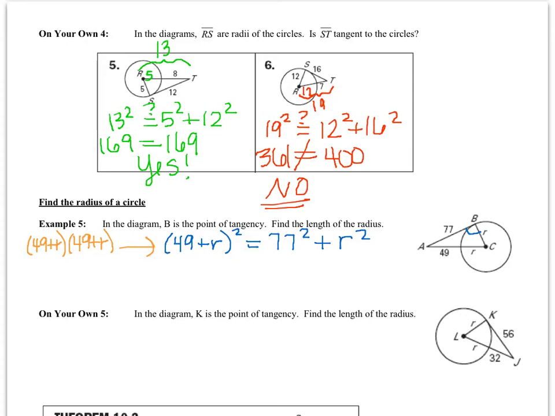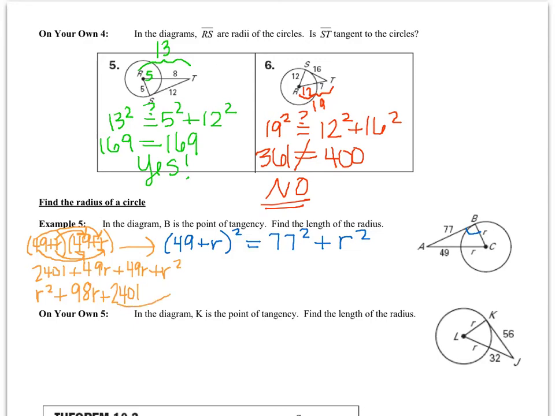So we're going to do 49 times 49 first, that's 2,401, plus 49 times r is 49r, plus, now we're going to do the inside, 49 times r is 49r, plus, now we're going to do our last, r times r is r squared. So putting this in the right order, we're going to have r squared plus 49r plus 49r is 98r plus 2,401.